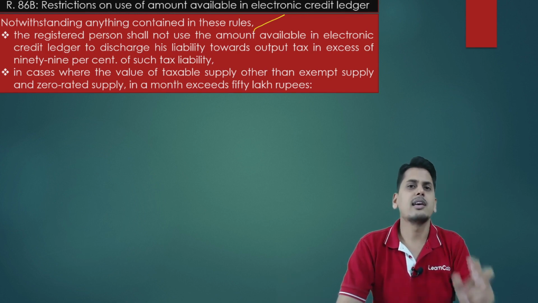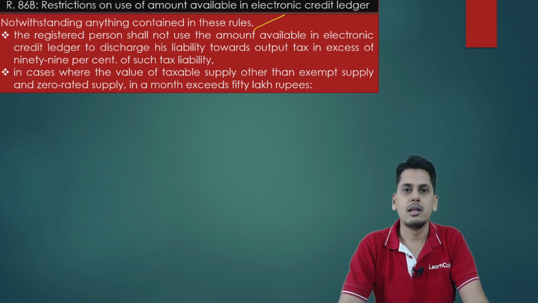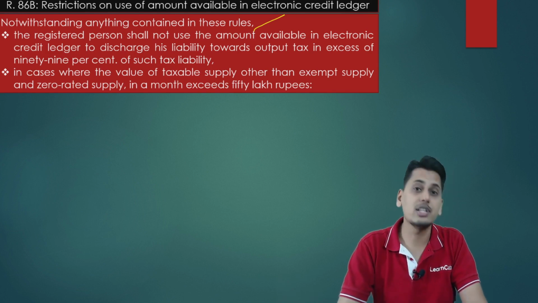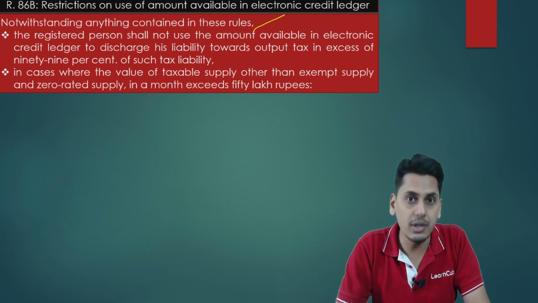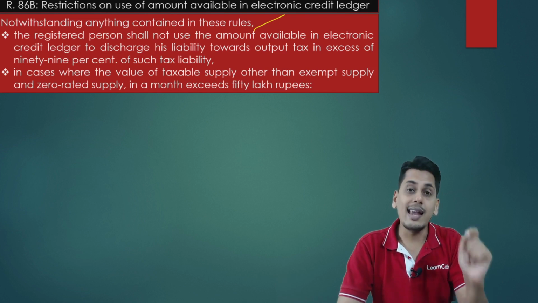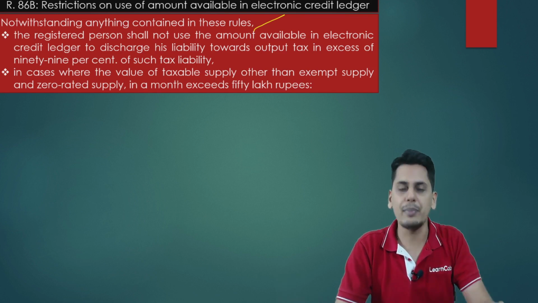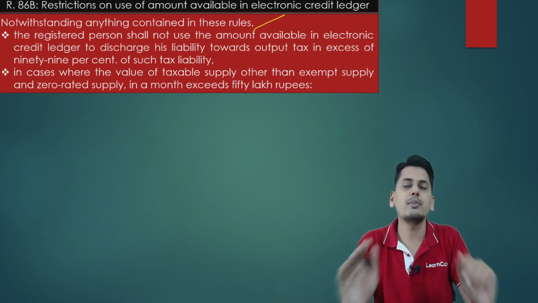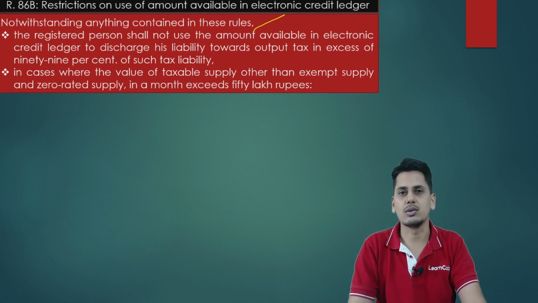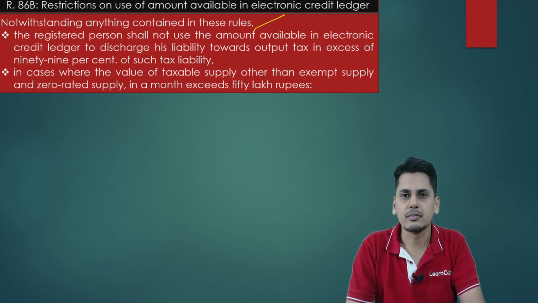So friends, the restriction is that a registered person will not be in a position to utilize the electronic credit ledger balance in excess of 99%. 99% of what? 99% of input tax credit balance? The answer is no. 99% of output tax liability.